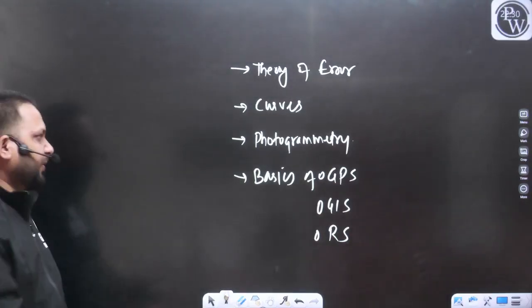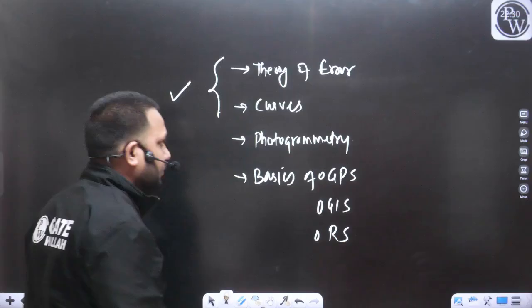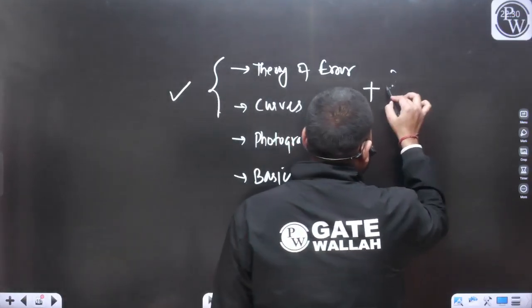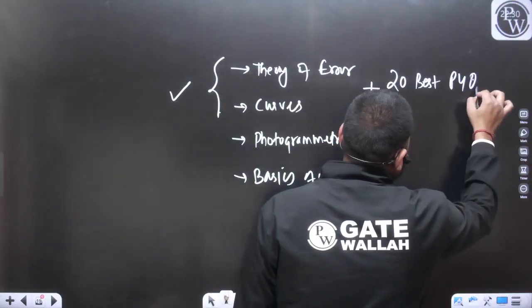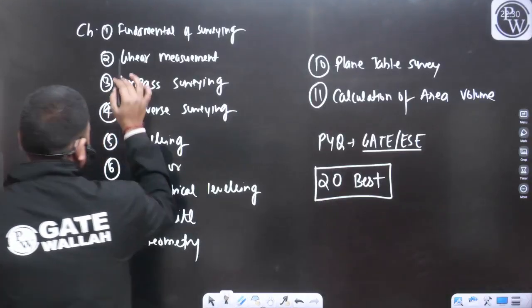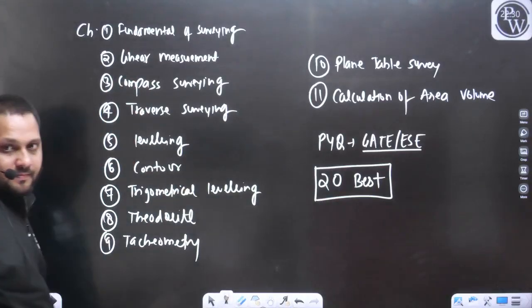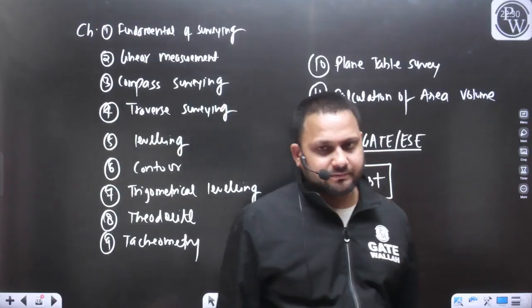So these two topics we will cover tomorrow, and with this we will also practice 20 best PYQs from all these 11 chapters, so that we can summarize all our discussion.